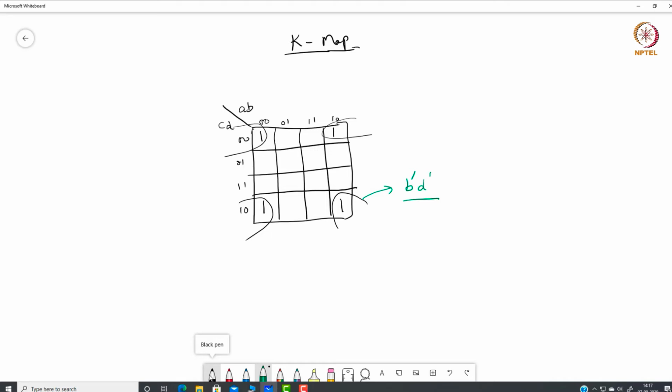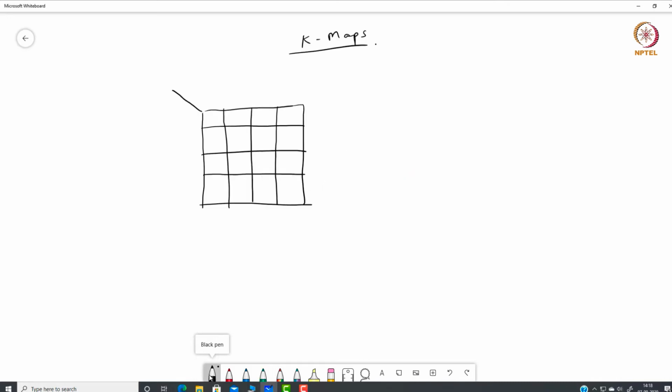Let us try to see some more examples. Let us also summarize how to write min terms in a K-map. Let us say this K-map is for a function which has 4 variables A, B, C, D, where A is the most significant variable and D is the least significant variable.